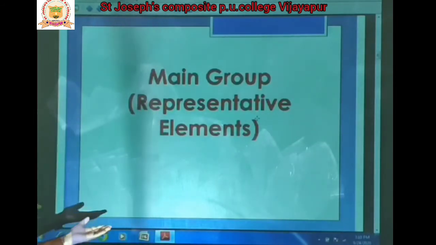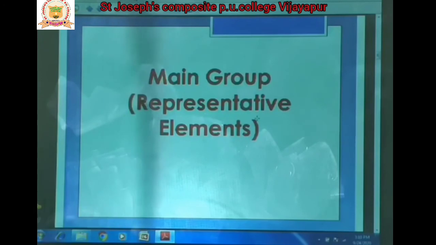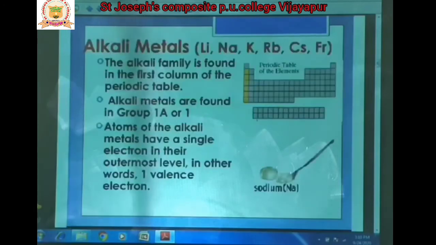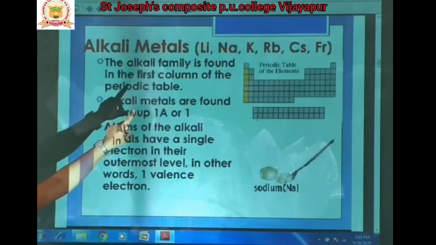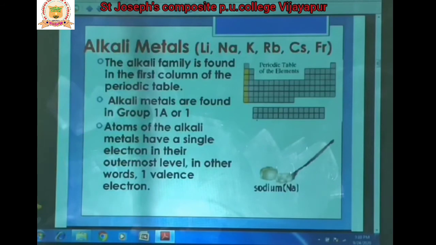Let us know about main group elements. Main group elements include the alkali metals. These alkali metals are S block elements, as I said previously: lithium, sodium, potassium, rubidium, cesium and francium. These are alkali metals of the first group of S block elements.